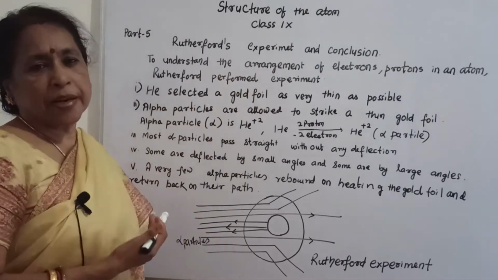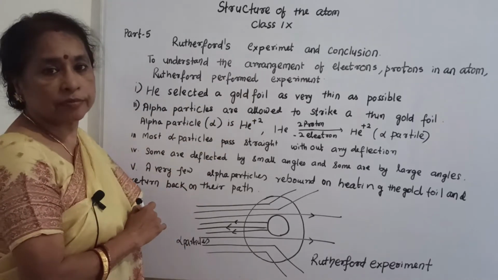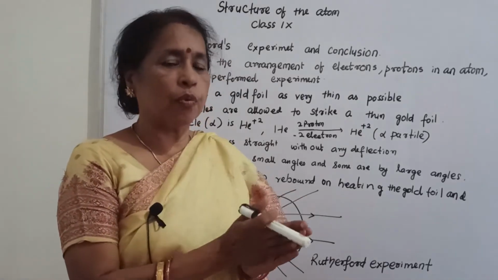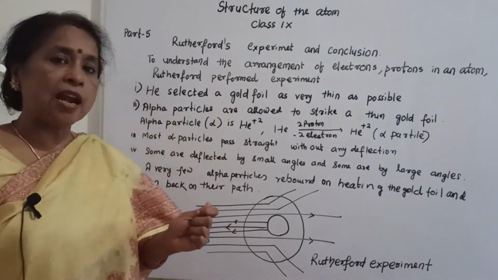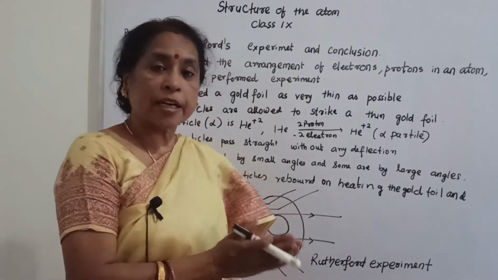What is that experiment? What did he do? He selected a very thin gold foil, and alpha particles were allowed to strike it. Then the question is, what is an alpha particle?